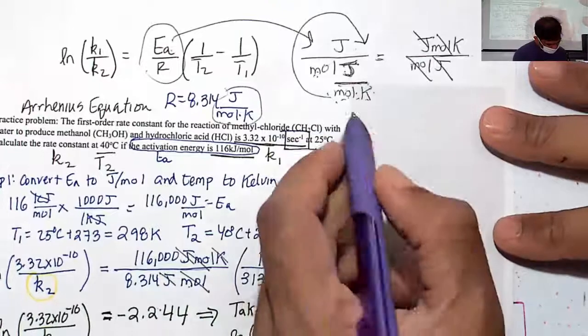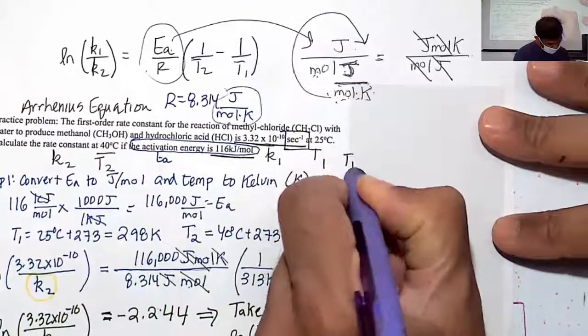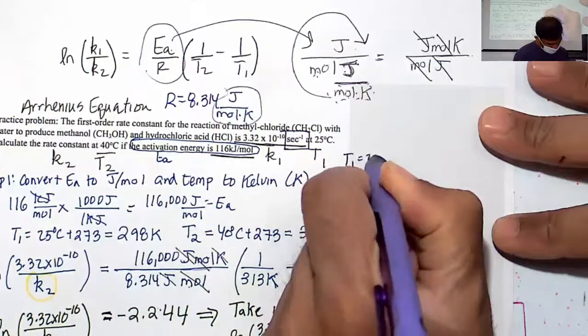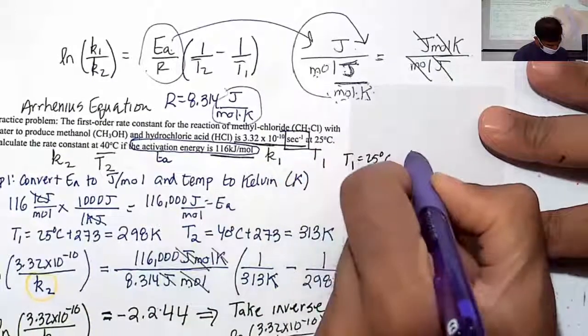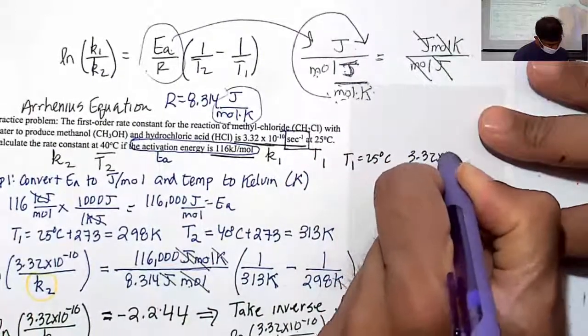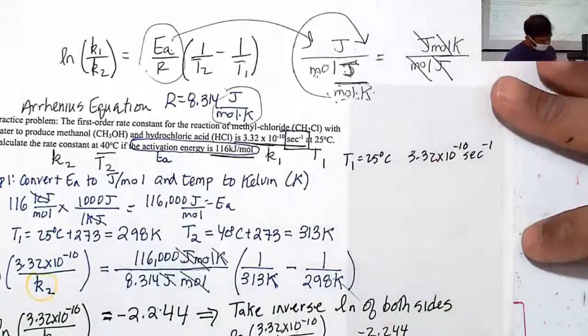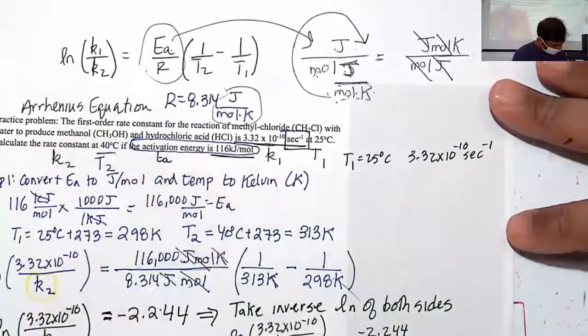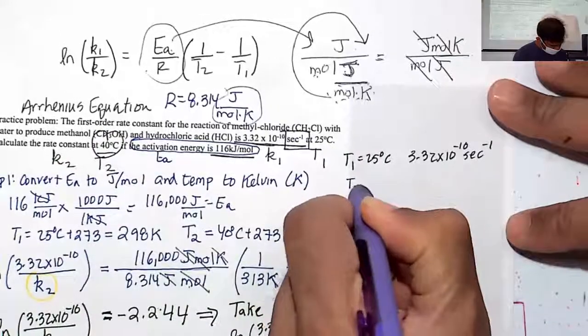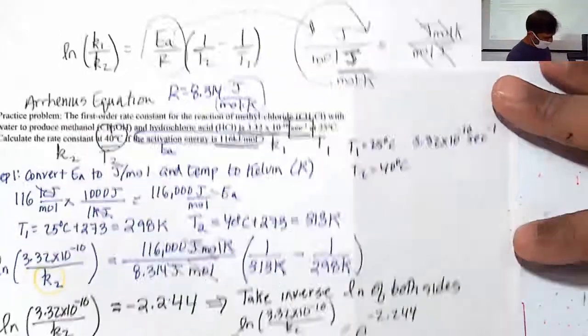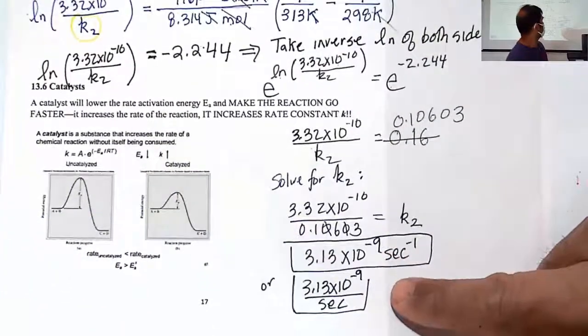So at T1 here, 25 degrees, our rate constant is 3.32 times 10 to the minus 10. Okay, the units of that are seconds to the minus 1. At T2, 40 degrees, our rate constant is 3.13 times 10 to the minus 9.